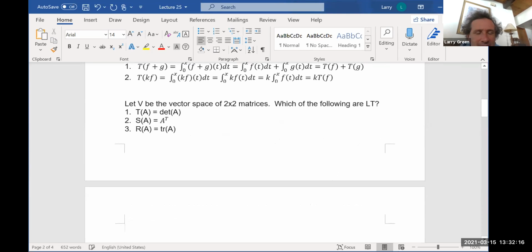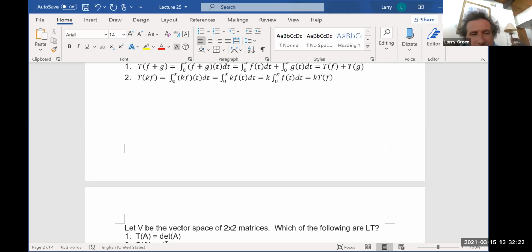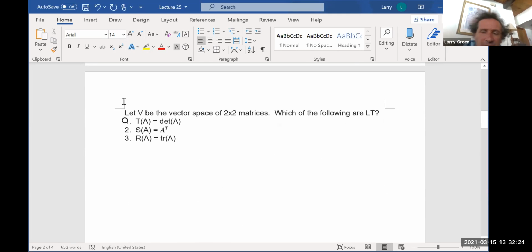So the question is, if that's our vector space, 2 by 2 matrices, which are linear transformations? I'm going to give you a moment, see if you can figure it out. If you can at least guess.